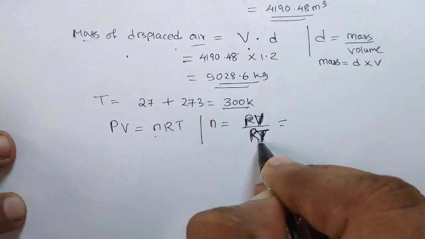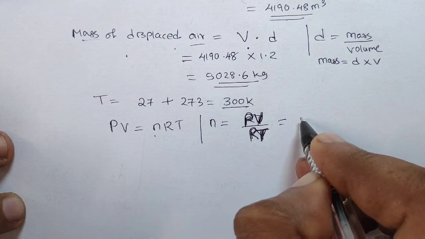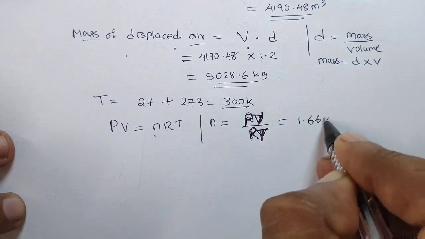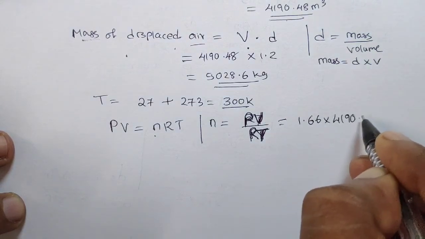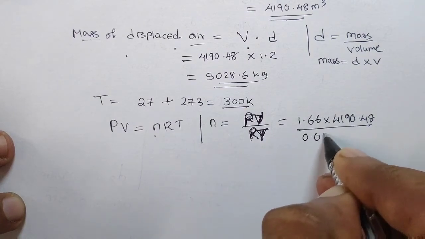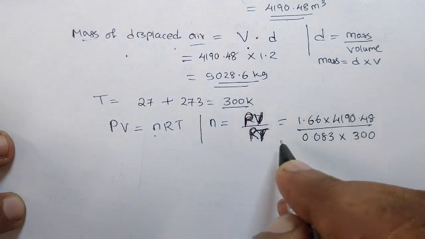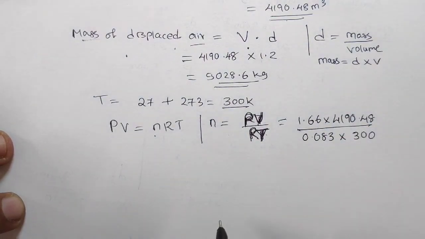Like this you can take, right? So what is P? Pressure was given as 1.66 into 4190.48 divided by the R value 0.083 into 300, right? This temperature and these values are given in your text.